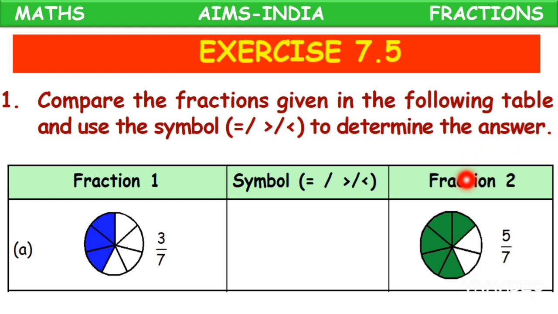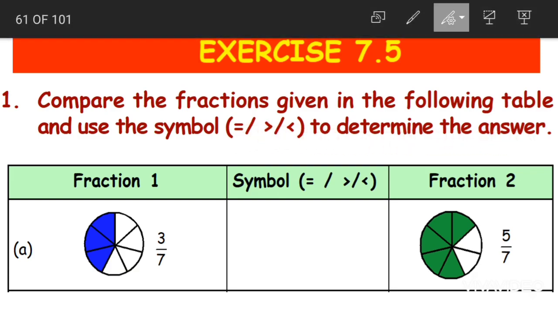Coming to exercise 7.5. Compare the fractions given in the following table and use the symbol equal to, greater than or less than to determine the answer. So what is it in our exercise, children? We have to compare the given fractions, and put the symbol equal to, greater than or less than. First we have 3 by 7 and 5 by 7.